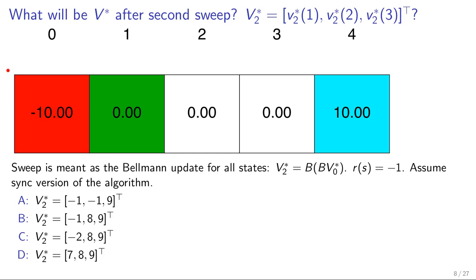So let's say first sweep were -1, -1, 9. Okay, and so now you do the second sweep, and you get new values. So new pole. A, B, C, D.